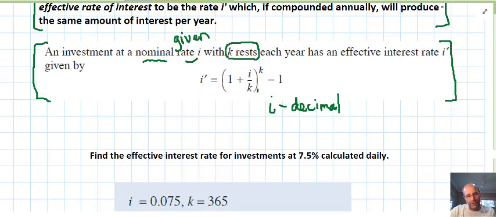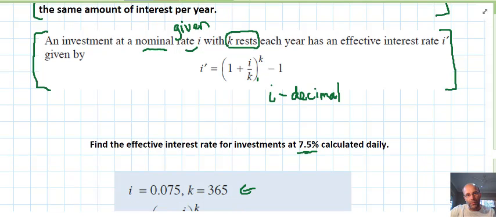So i is 0.075 here because it's equivalent to 7.5%. Compounding daily means k is 365. So what would the annual compounding interest rate have to be to match a 7.5% daily compounded situation?